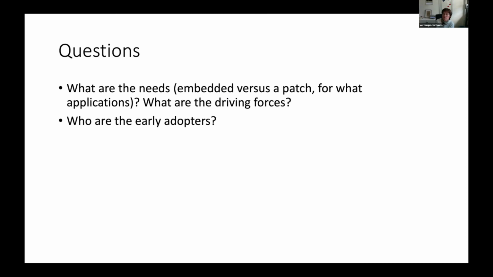And indeed, the questions are really what the needs are, what the driving forces are, and we mentioned the early adopters, and you mentioned it for 3D printing. It's often those companies in sports or consumer goods that don't have all the certifications you would have in aerospace or biomedical fields.